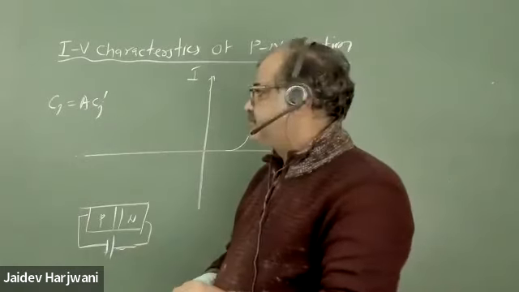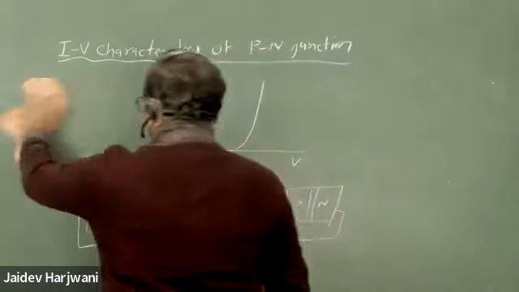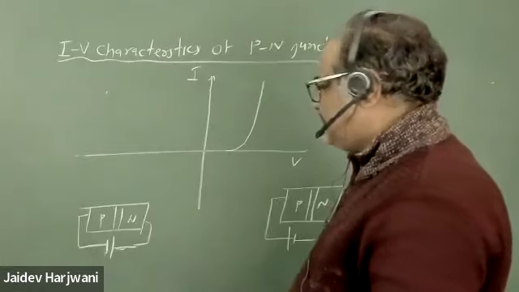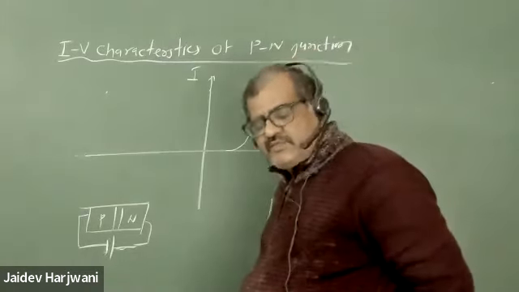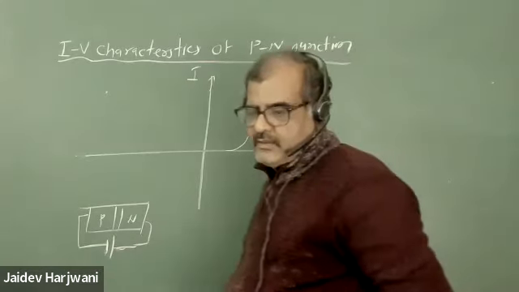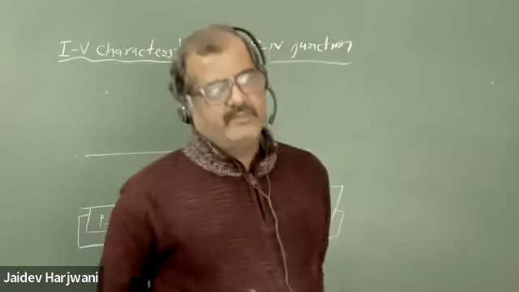Okay sir. So A is constant. For linearly graded, we get Cj proportional to (VBI minus V) raised to minus 1 by 2. So Cj I have written is the same thing. A is constant. We get the same thing. The dependence is the same.